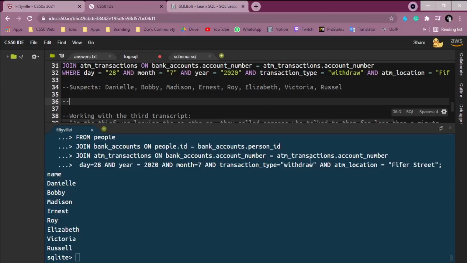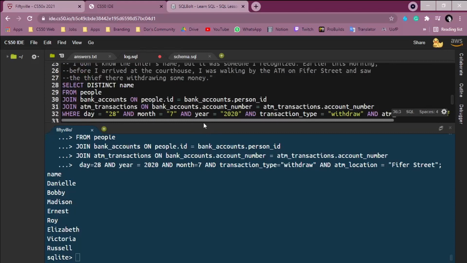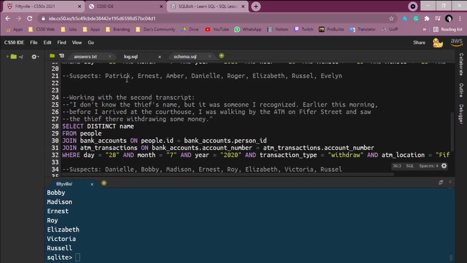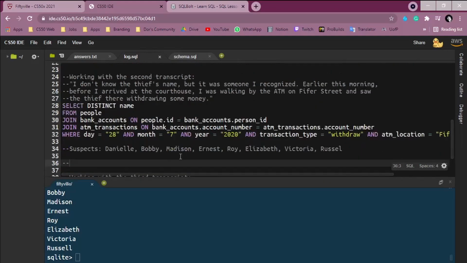And how can we do this? So we can just check. Let me drag this down. We can check if both names appear in the same. So Patrick doesn't appear in here. Ernest appears in here, so he's a suspect. So by now the names that appeared in both cases are Ernest.